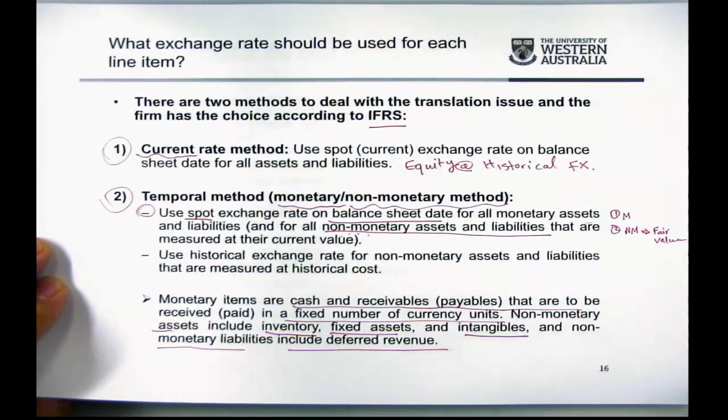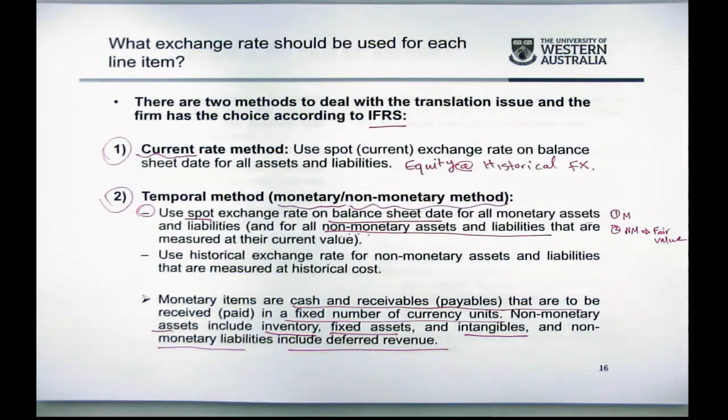Both groups should be translated using the exchange rate prevailing on the balance sheet date, okay? Again, just keep them in your memory. Monetary items, assets and liabilities, and non-monetary assets and liabilities that are usually reported at fair value. In this case, we use the current exchange rate prevailing on the balance sheet date.